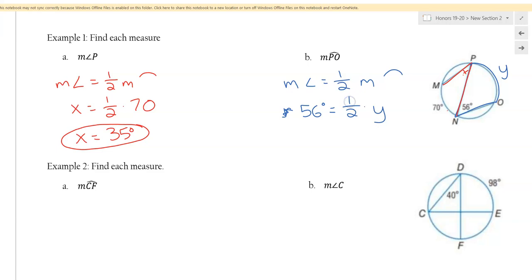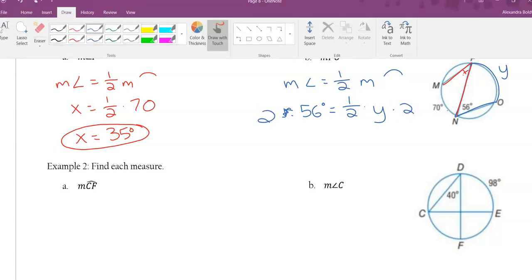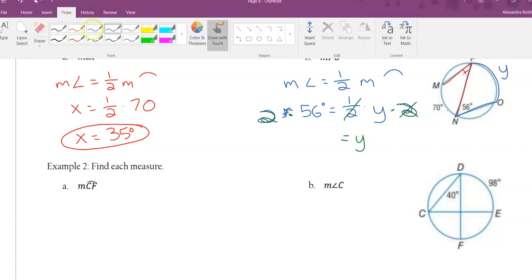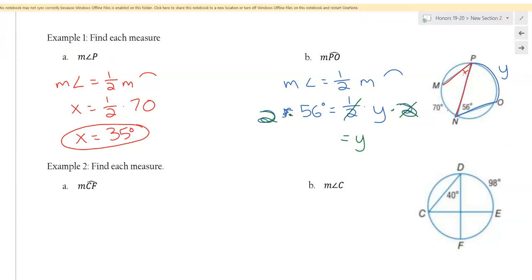In order to get rid of this 1/2, I'm going to multiply both sides by 2, in a different color. That way this 1/2 and this 2 cancel. I'm left with Y equals, and 2 times 56 is 112 degrees.